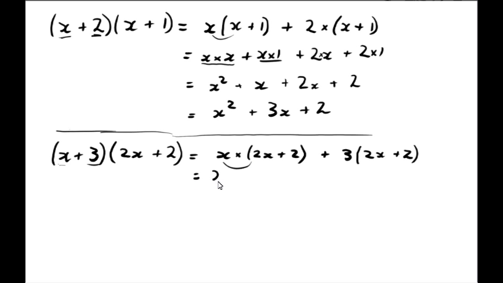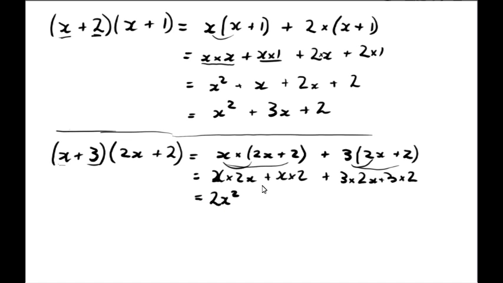And then we have 2, so x times 2x, x times 2, and 3 times 2x plus 3 times 2. X times 2x is 2x squared. X times 2 is 2x. 6x and 6. And collecting like terms, we've got 2x squared plus 8x plus 6.